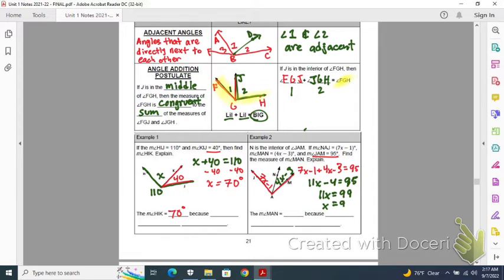Make sure to read the question correctly. We're looking for MAN, not x. So we're going to plug x back into MAN, which will be 4x minus 3. So we're going to do 4 times 9 minus 3 is equal to angle MAN, which would give you 33 degrees.